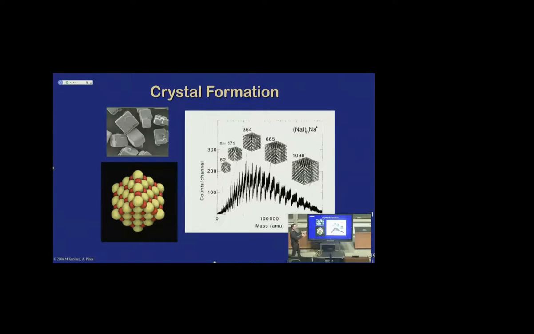So that closed cube structure, when I get to 364 particles, that closed cube structure is a particularly energetically favored one. And so there's kind of a quantization of salt crystals, salt chunks. Kind of interesting aspect of this whole thing. Not part of the course material really, but since it's a quantization, I thought I would show it to you. Quantization in sizes of particles, favored particle size in sodium chloride.